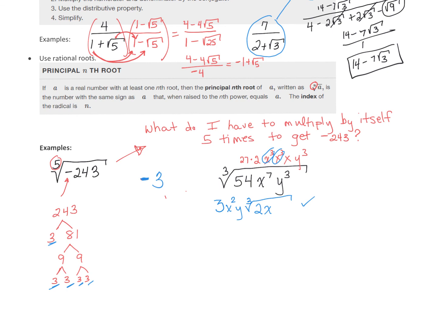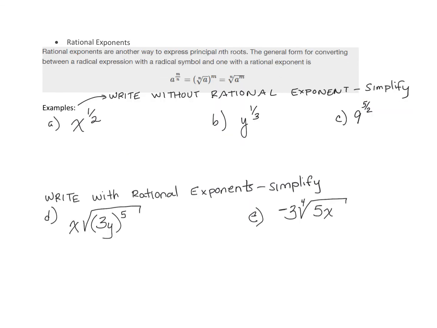Okay, last thing we want to be able to look at is rational exponents. So rational exponents, basically fractional exponents, help us write and deal with square roots that are not necessarily like. So what we say is that when you have a fractional exponent, a to the m over n, you can write that as the nth root of a raised to the m, or the nth root of a to the m.